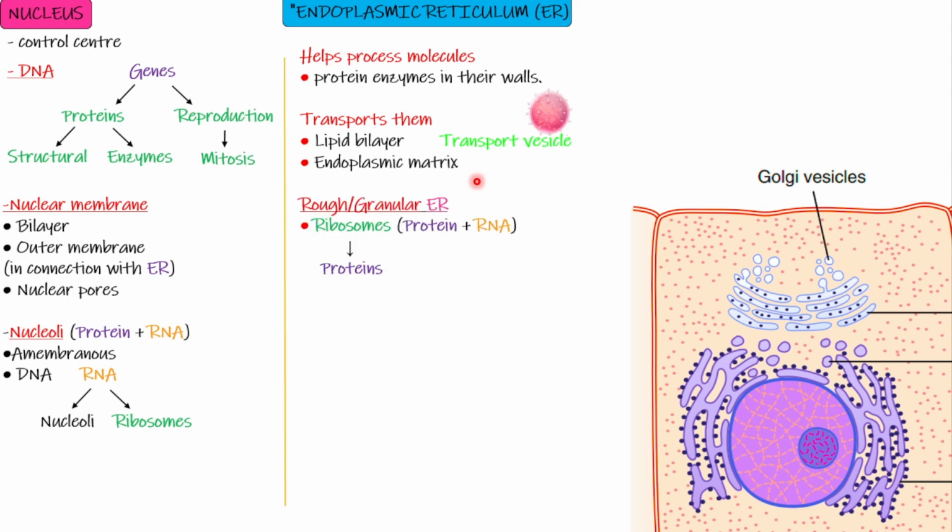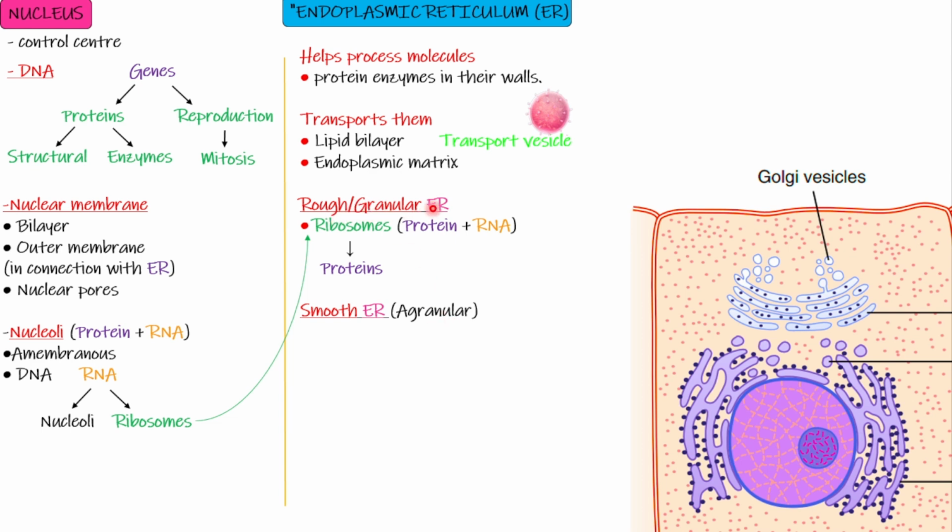Now then we come to the rough endoplasmic reticulum and smooth endoplasmic reticulum. Rough endoplasmic reticulum is also known as granular endoplasmic reticulum. It has a granular appearance because of the presence of ribosomes on it. Smooth endoplasmic reticulum is said to be agranular because it doesn't have ribosomes on its surface.